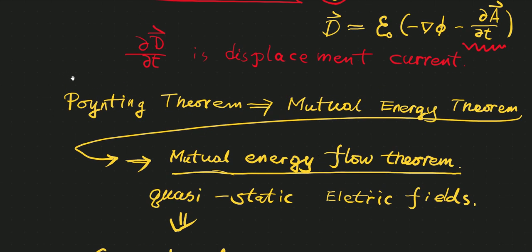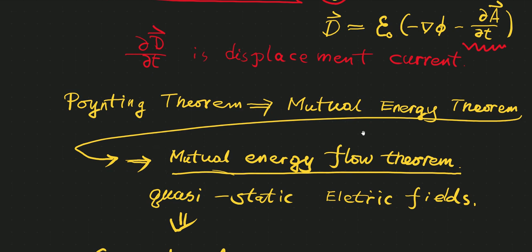First, from quasi-static electromagnetic field, and then prove it is from Poynting series, and similar to the derivation before, get a mutual energy theorem, and continue to get a mutual energy flow series.